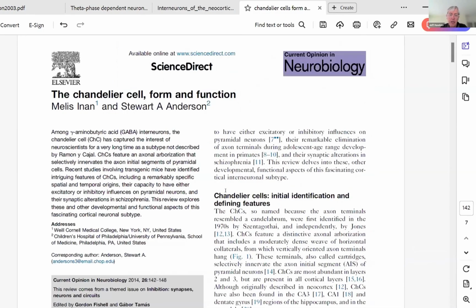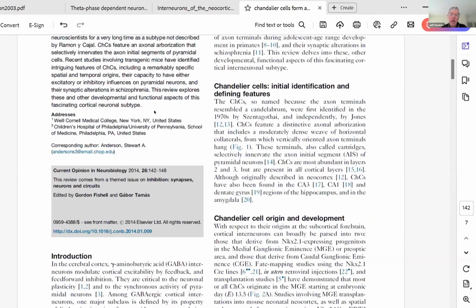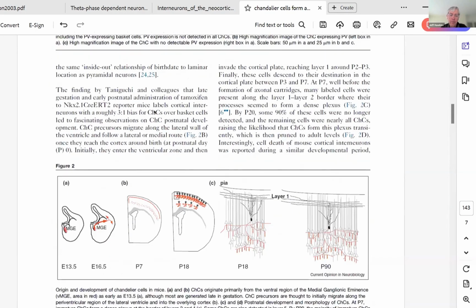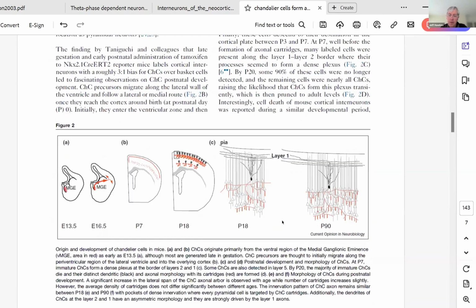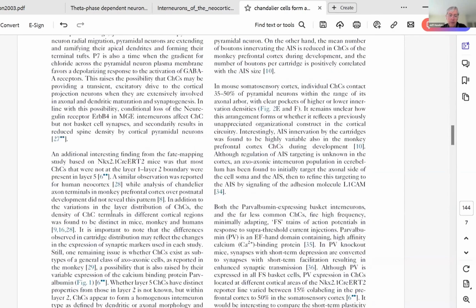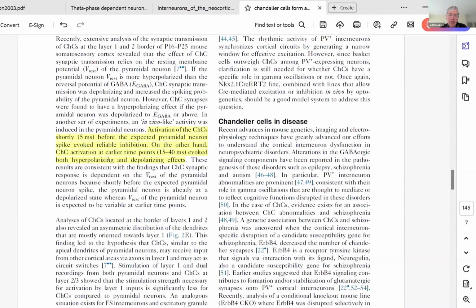This is a paper about chandelier cells, and these are the ones that form the synapses on the axon hillock. I read this paper. Here's a diagram. The red is their axons. These are little things that are on each pyramidal cell's axon hillock. This sentence says, activation of the chandelier cells shortly before the expected pyramidal neuron spike evoked reliable inhibition.